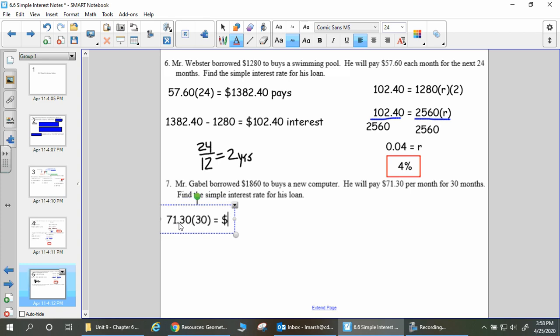That gives me $2,139 that he pays. So if it's $2,139 that he pays, I'm going to subtract the $1,860 that he borrowed, and that gives me $279 in interest.